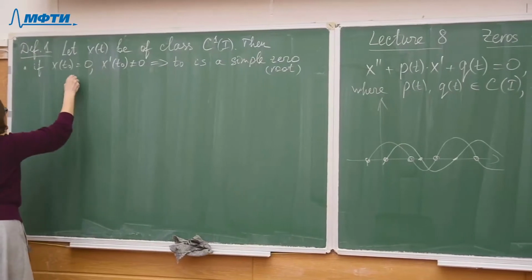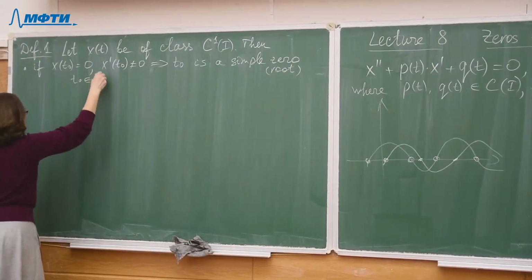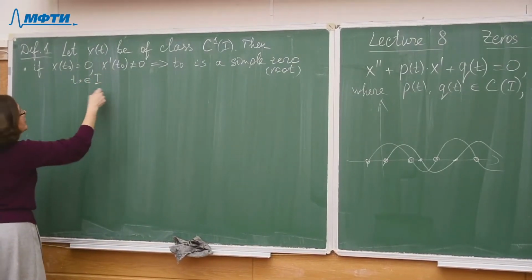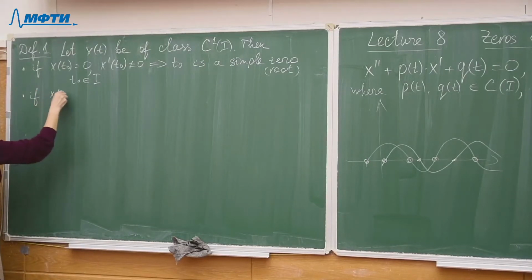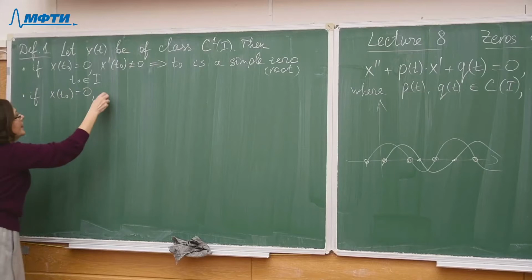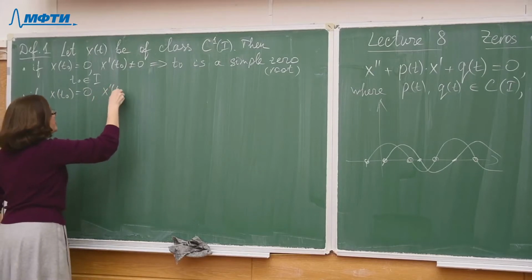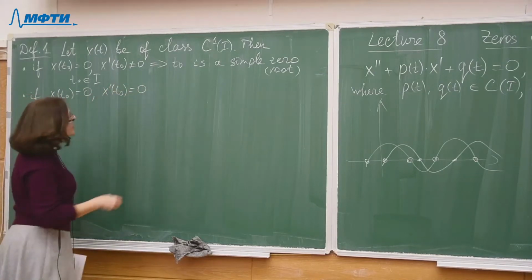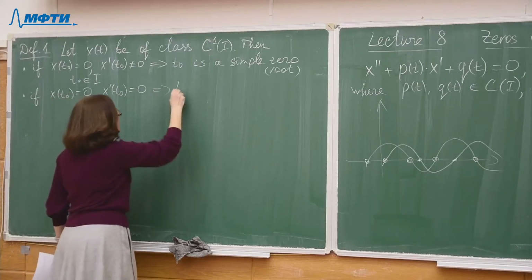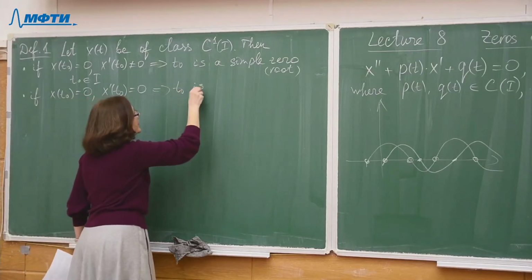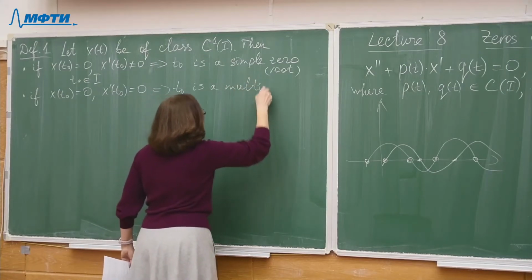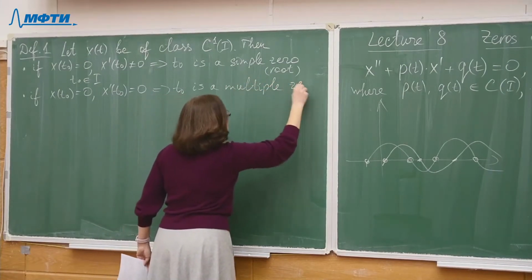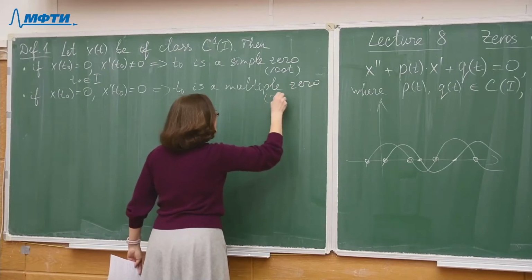So t0 is included in I. And if x of t0 equals 0, and x prime of t0 also equals 0, then t0 is called a multiple zero, or multiple root.